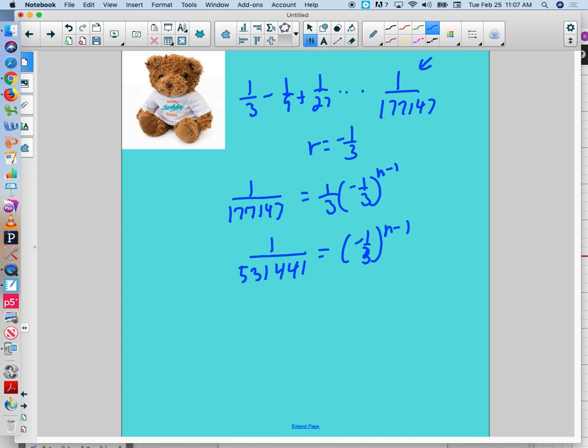What do you want to guess? Because I think most of you are going to guess and not use logarithms. Negative 1/3 to the 10.